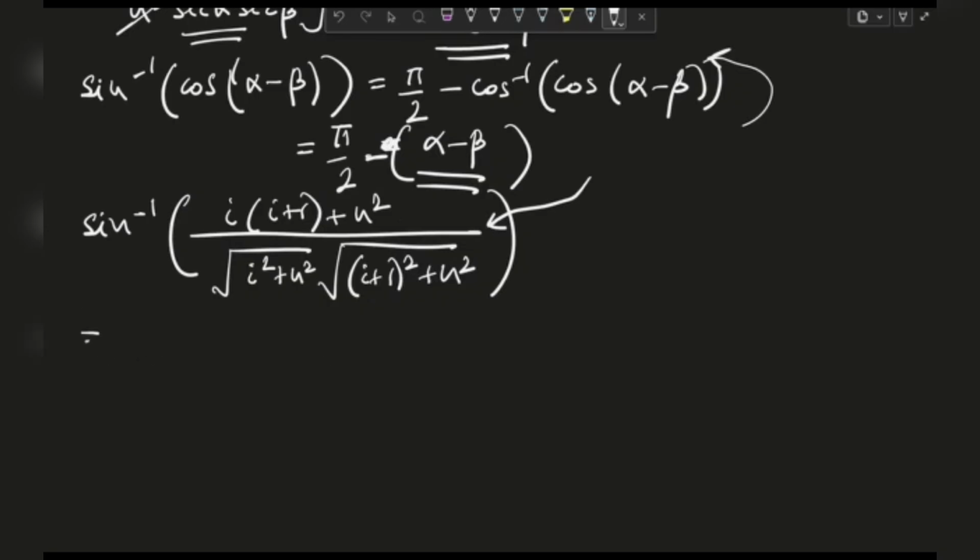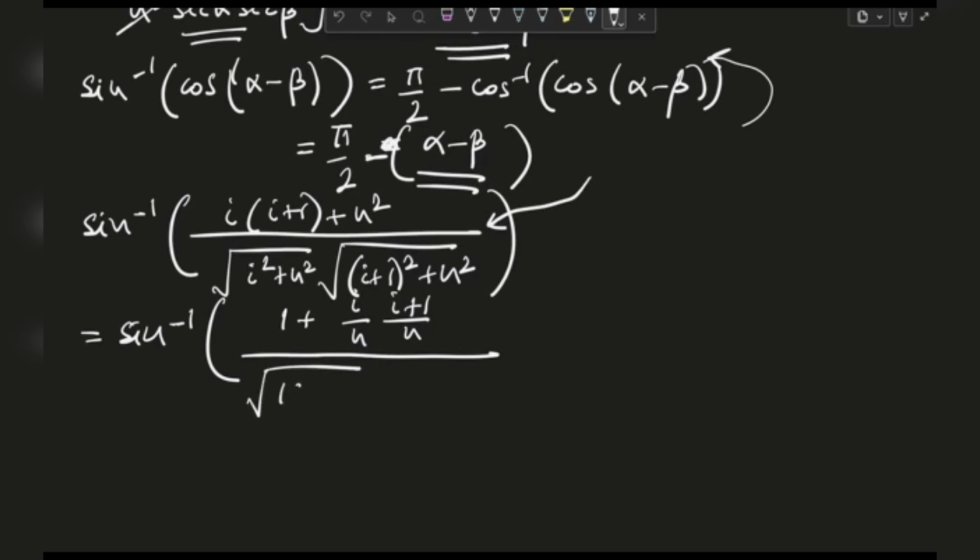What I will basically do is rearrange this a bit. I will rearrange and write this as 1 plus (i by n) times ((i plus 1) by n), whole divided by root under 1 plus i square by n square and root under 1 plus ((i plus 1) by n) whole square.